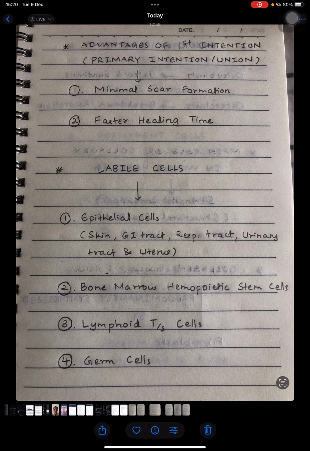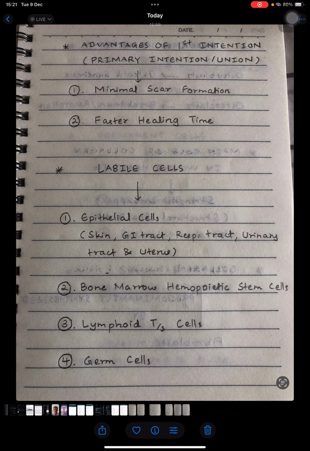Previously we have already learned the examples of stable cells. Now we are going to learn the examples of labile cells. The first one is epithelial cells, which includes epithelial cells of the skin, GI tract, respiratory tract, urinary tract, and uterus.